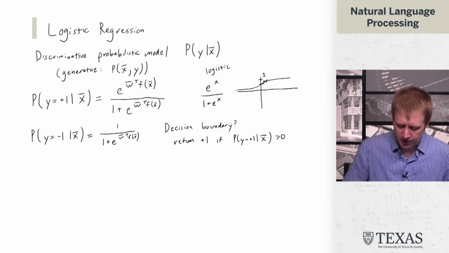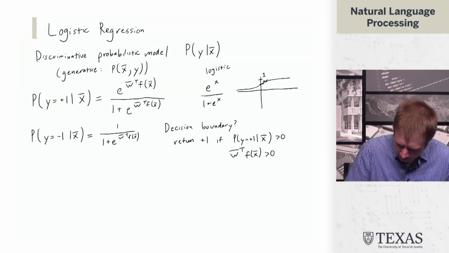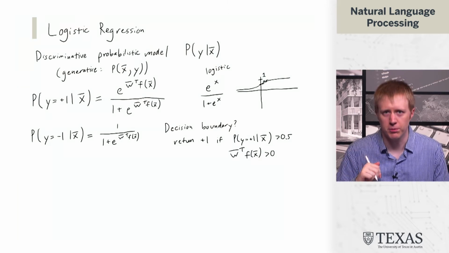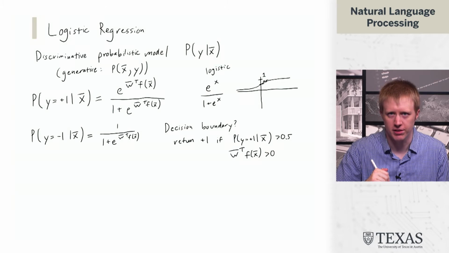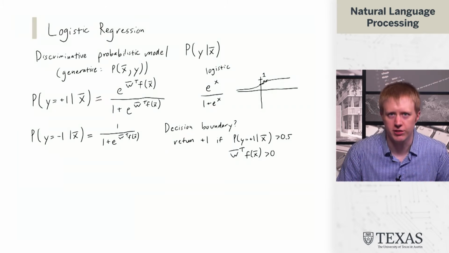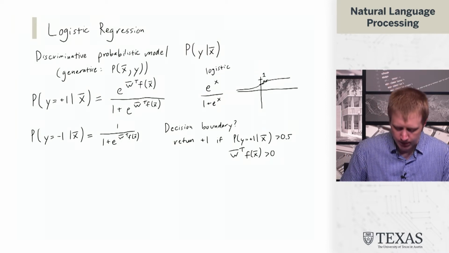So it turns out that this is equivalent to W transpose f of x being greater than 0. If that probability is greater than 0.5, we want to return +1. And that happens when W transpose f of x is greater than 0. And again, you can just look at what happens at the origin and confirm that for yourself.